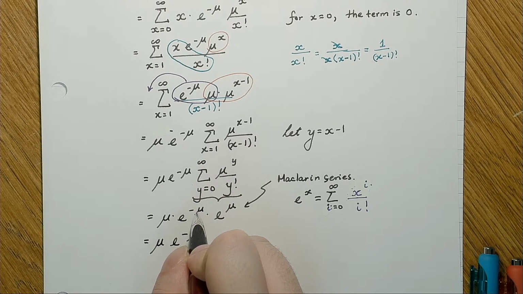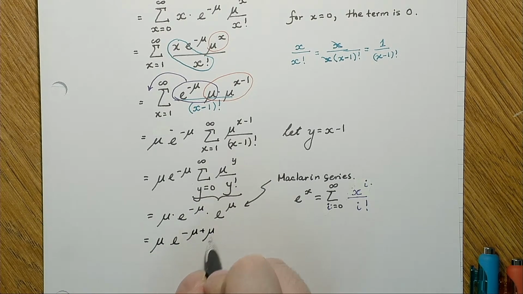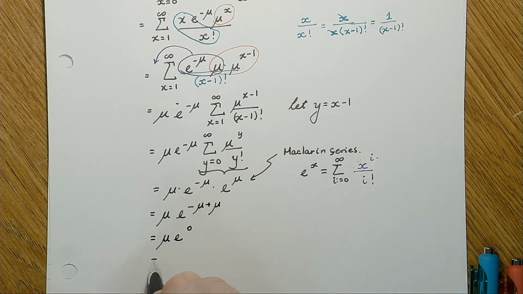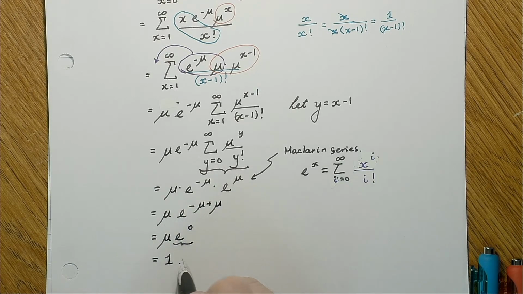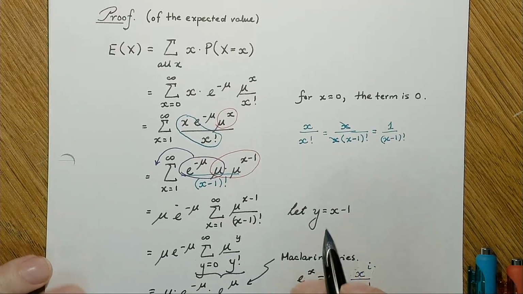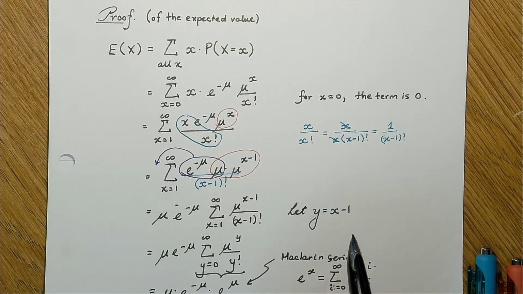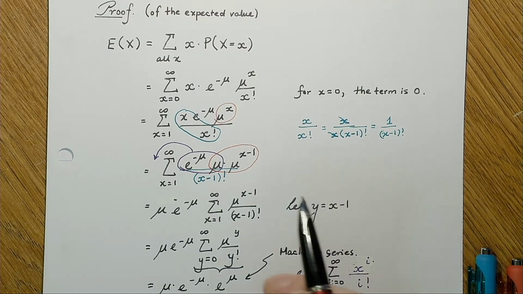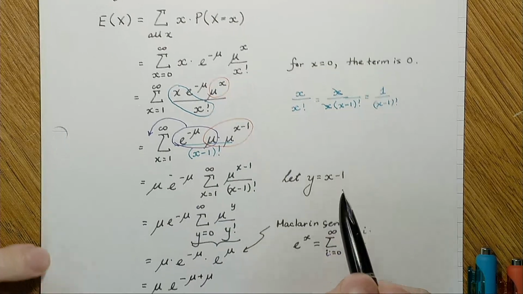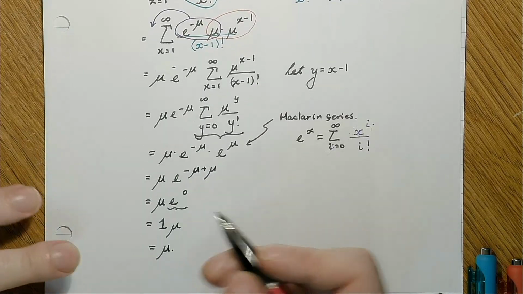So mu minus mu plus mu, e to the 0, which is 1. And I'm still left with the mu, and that's it. So there's the proof of the expected value. So we did an infinite sum of each of the PMF. So we did it, and there it is right there.